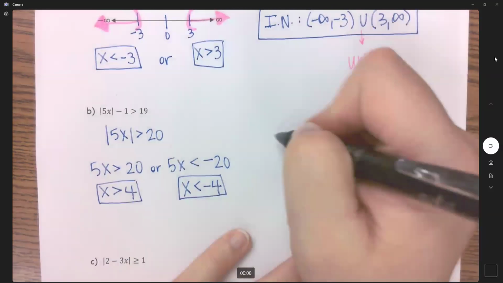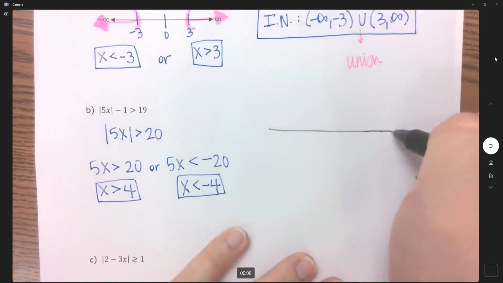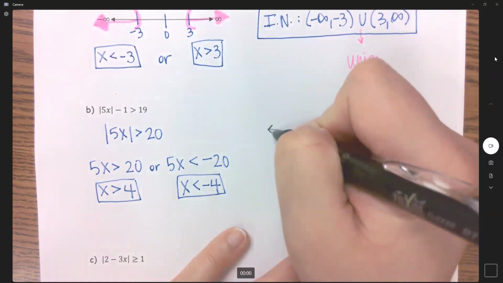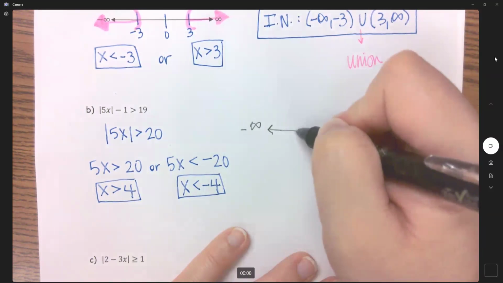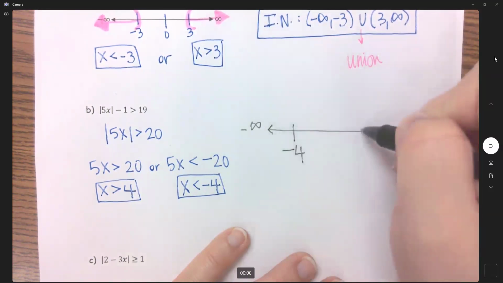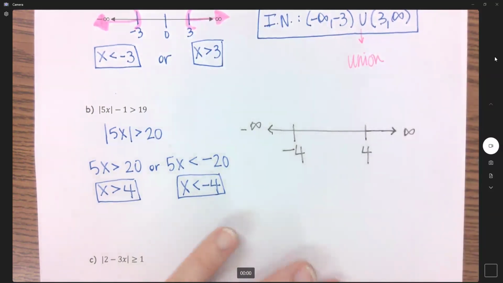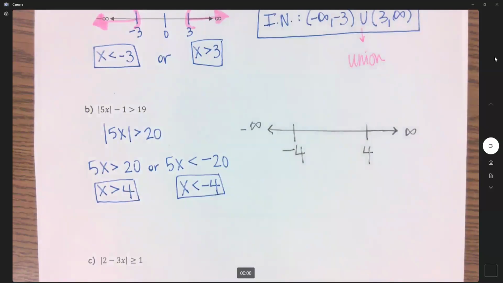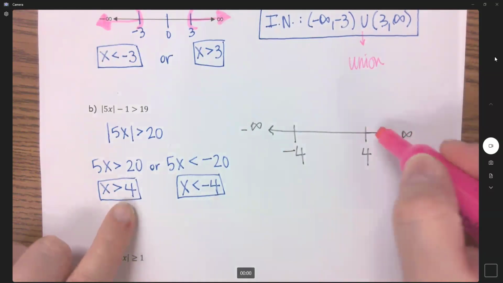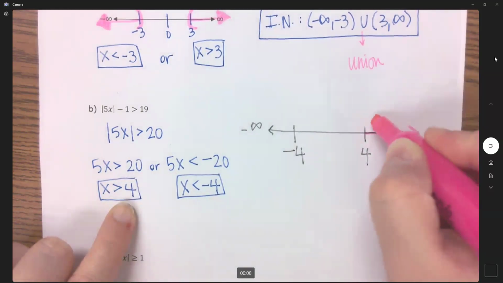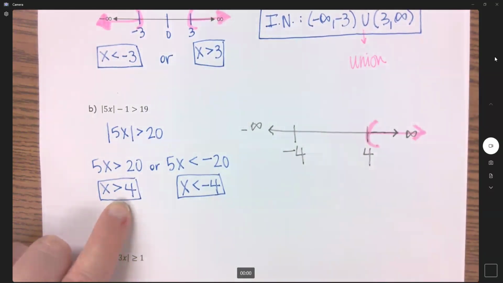So if I was to graph this, we have -4 and 4, shade the regions that they're talking about here. We're greater than 4, so that's to the right, parenthesis, because it's greater than.